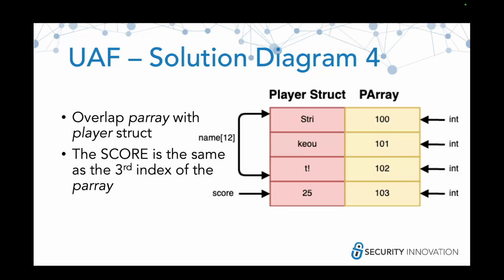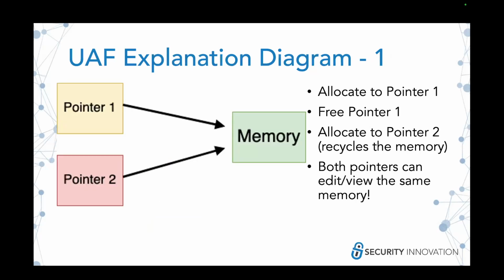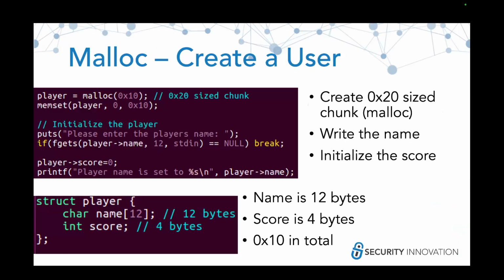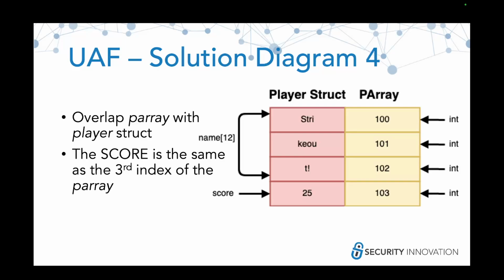Because, like we showed in a previous slide, all the way back here, we have two pointers that are pointing to the same section in memory. And they both think that this memory is represented in entirely different ways. When this happens, when the p-array gets 100, 101, 102, 103 written to it, the 103 value overlaps with the score of 25.